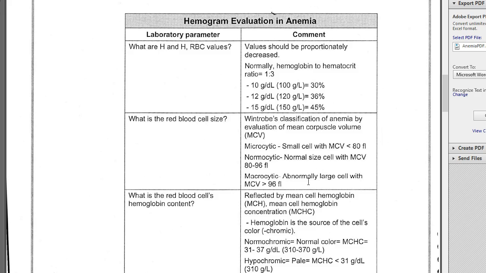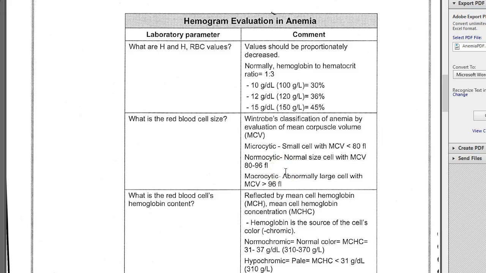Main reason, again, we're dealing with size. Alcohol molecule is denser than any other molecule, so it causes an increase in the size of RBCs. So that's just an aside.